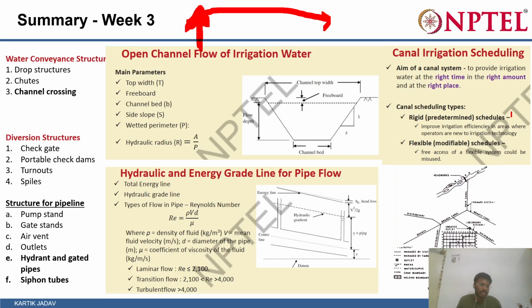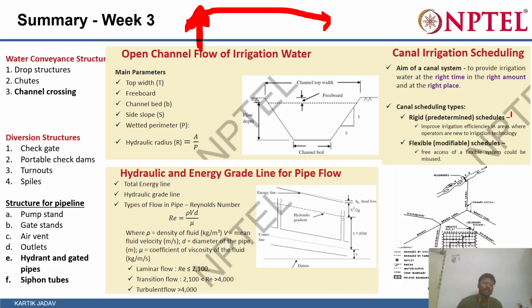There are various conveyance structures, diversion structures, and so on, that have different concepts. We have not gone into that detail, but we have understood this, and then we moved to open channel flow for irrigation.